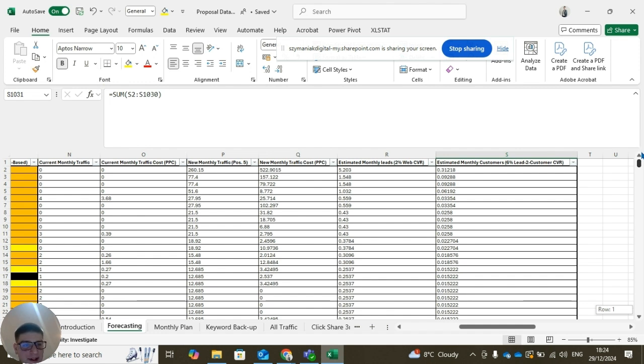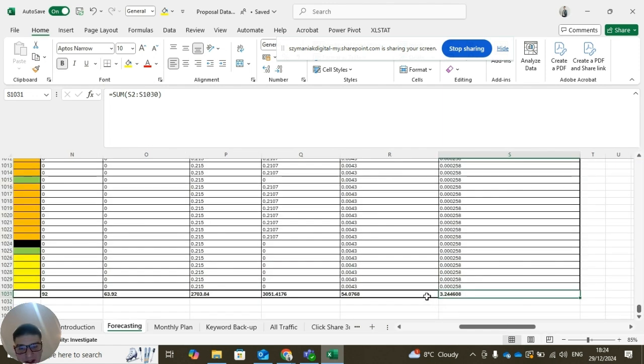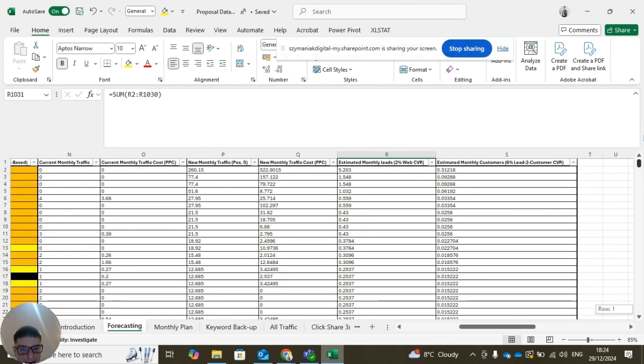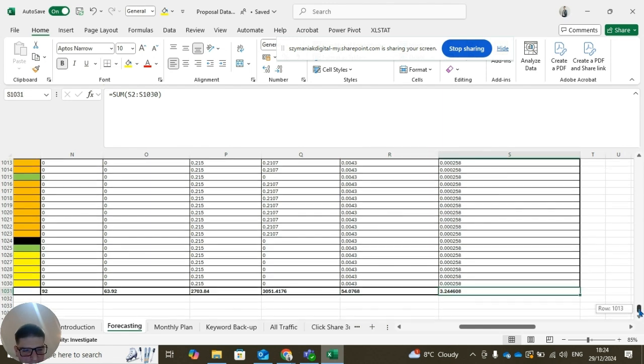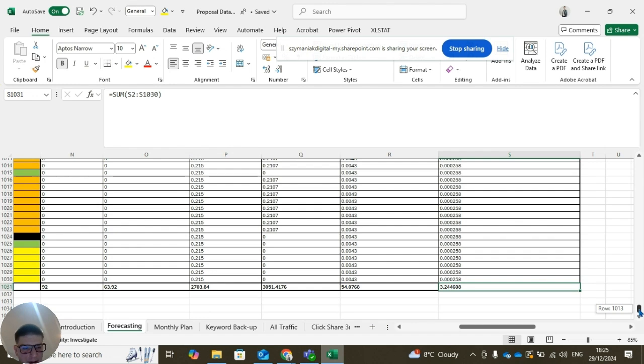So from these leads, we would get a 6% lead to customer conversion rate. We're saying that after a 12-month period, we'll be able to get you 54 leads per month, and it would equal roughly three customers per month from doing SEO with us.